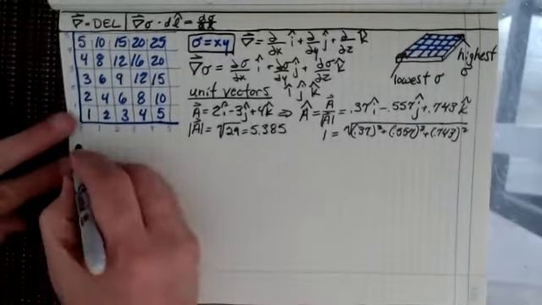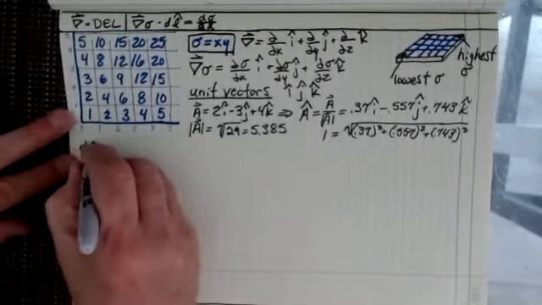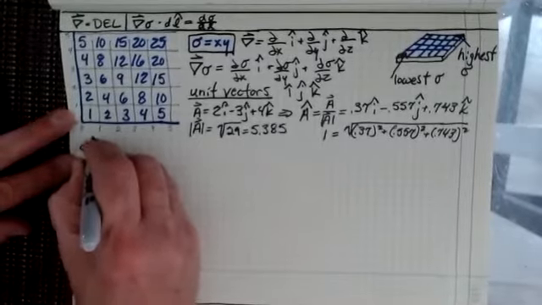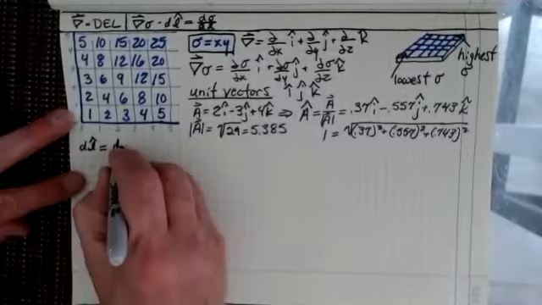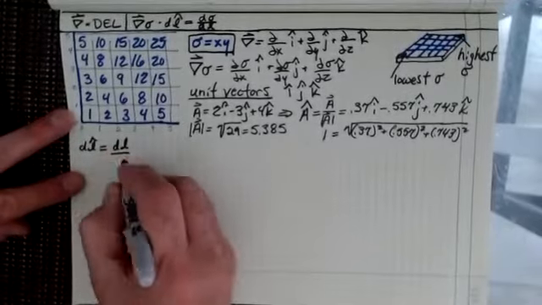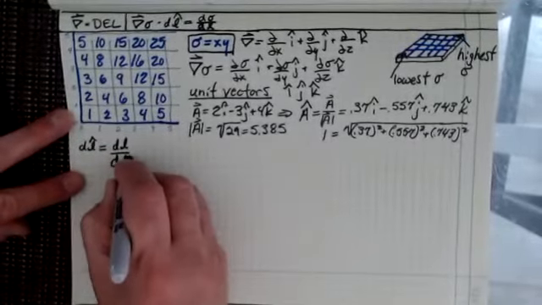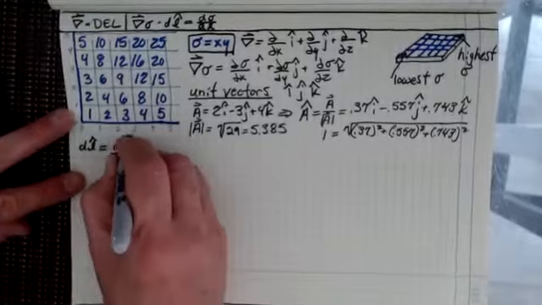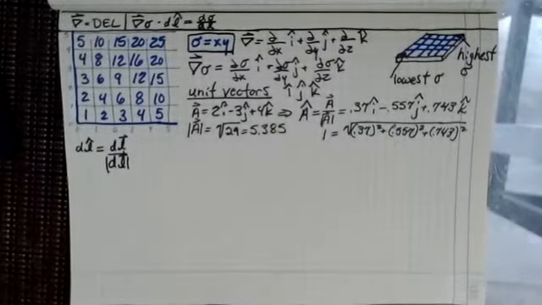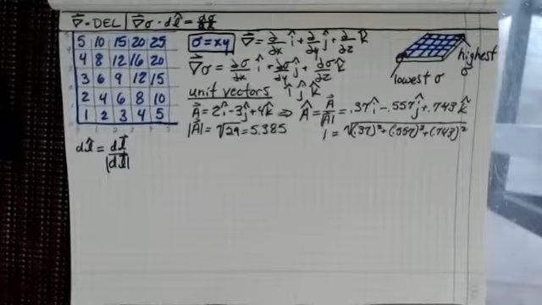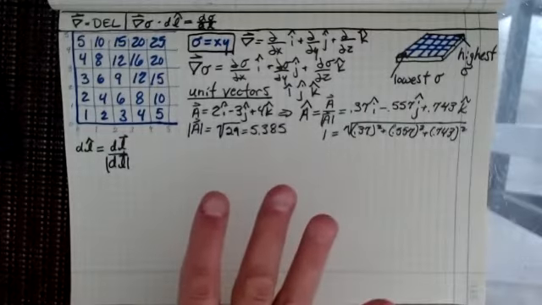If you look at it, dL with the cap on top of it is really equal to dL divided by the magnitude of dL, right? So we have to figure out what the magnitude is, and then divide by that, and that's what I've got to do to get dL. So that's what I wanted to start off with here.